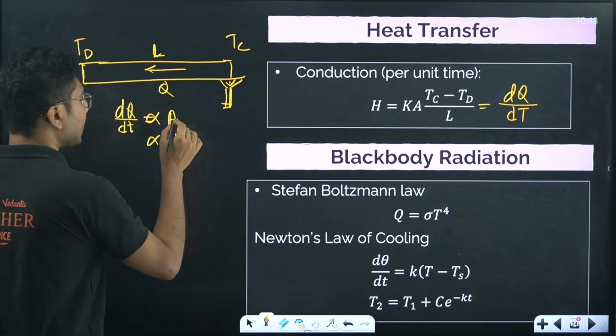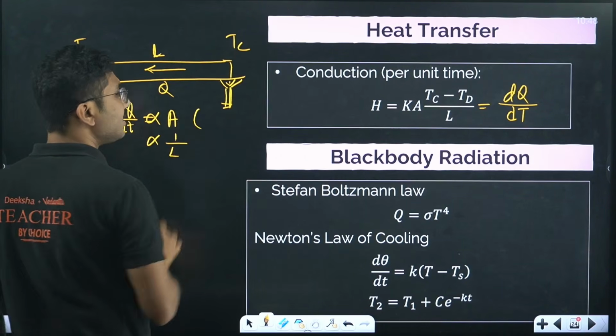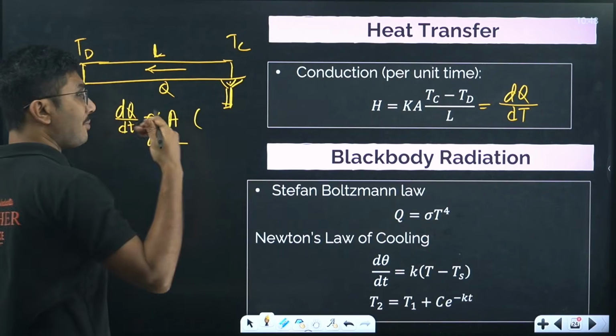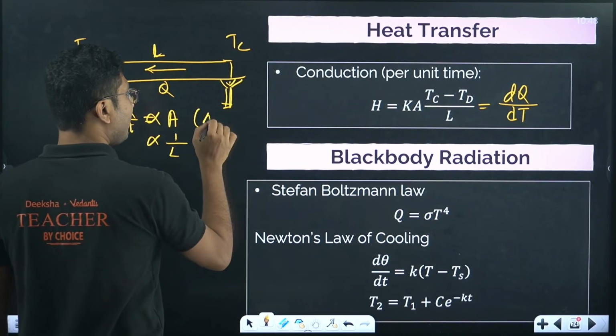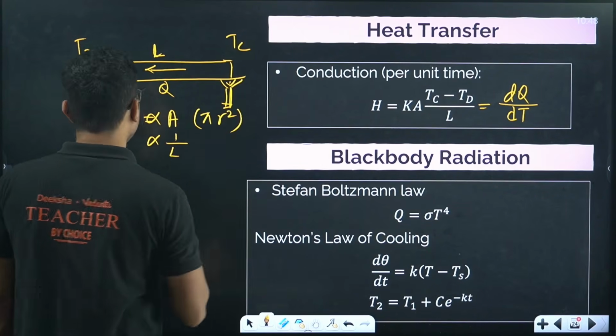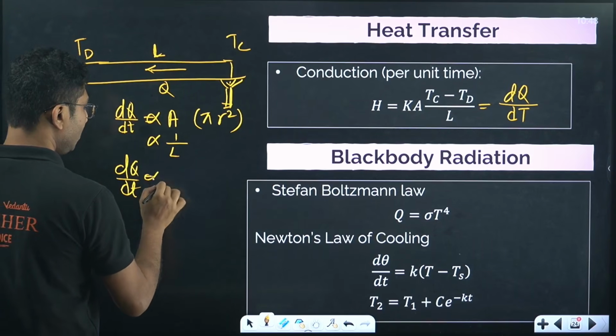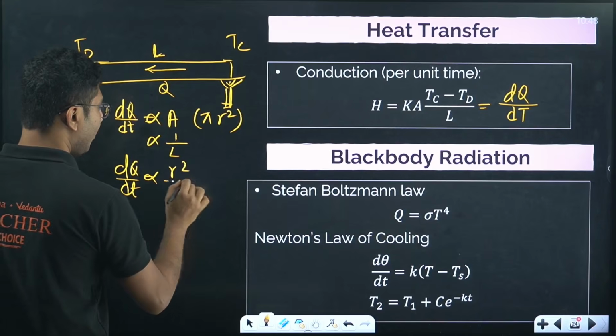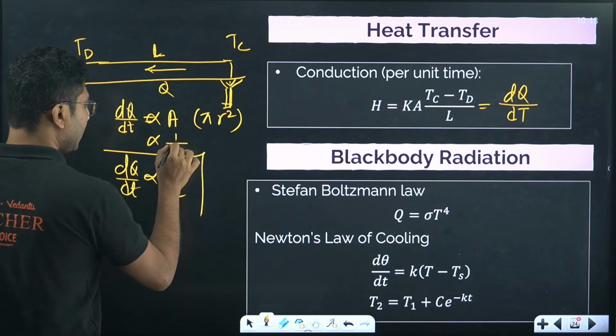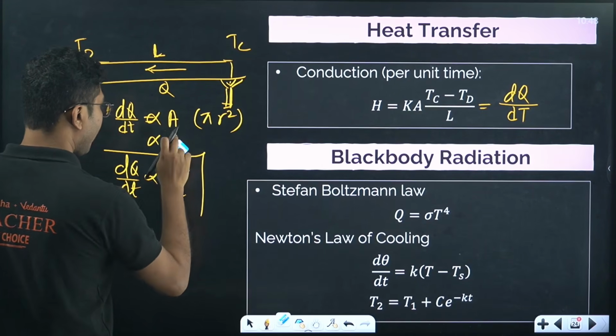Now sometimes in exams they will ask, the radius is given, or diameter is given. That means it is basically pi r square or pi d square by 4. So dQ by dt is proportional to r square upon L. Remember this, it will be very helpful.